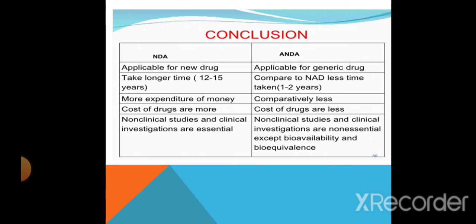NDA takes about 12 to 15 years as they go through preclinical studies, clinical trial studies, phase 1, phase 2, phase 3. Thus they require a long time. As compared to NDA, ANDA requires only 1 to 2 years as they need only a bioequivalence study to be done.